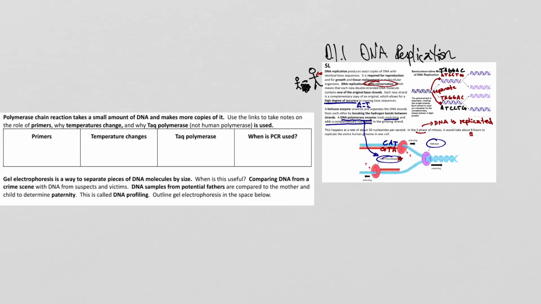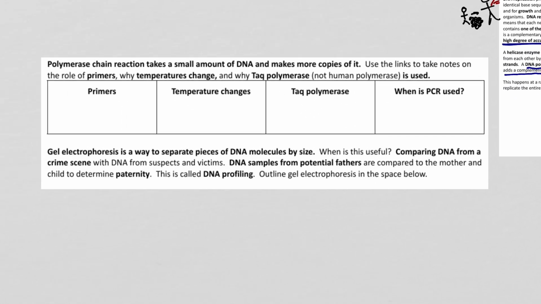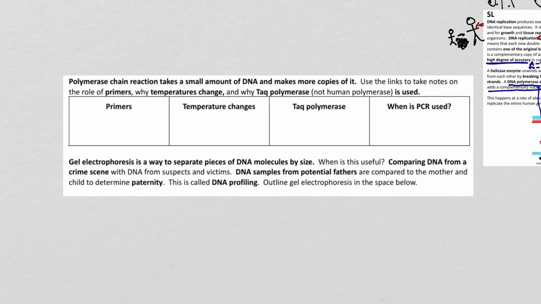All right, so what can we do with DNA once we know how to copy it? Well, there's 2 things that we can do with DNA when we figure out how to copy it. And those 2 things are, we can now do a polymerase chain reaction, and we can do something called gel electrophoresis. Polymerase chain reaction takes a small amount of DNA and makes more copies of it.